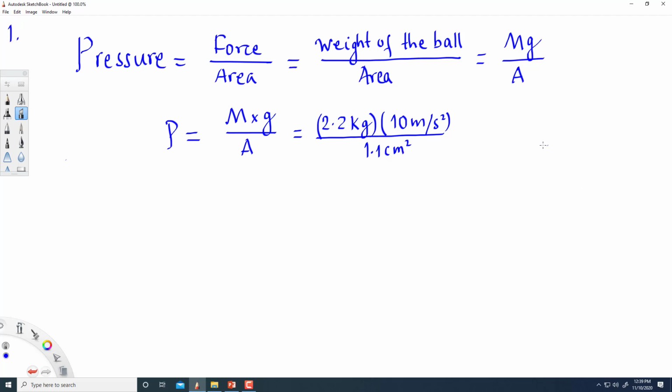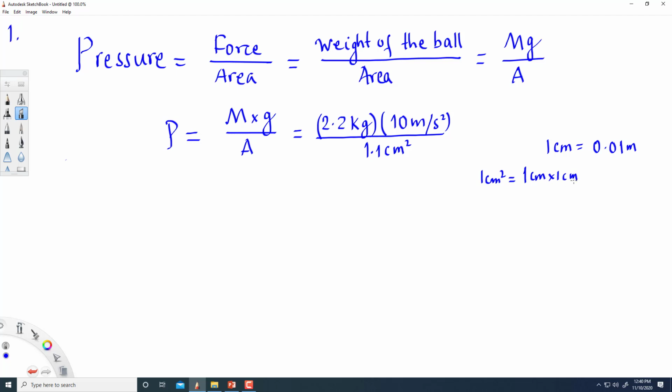So the conversion is 1 centimeter is 1/100th of a meter. So that's 0.01 meter. Centimeter squared means we have centimeter times centimeter.